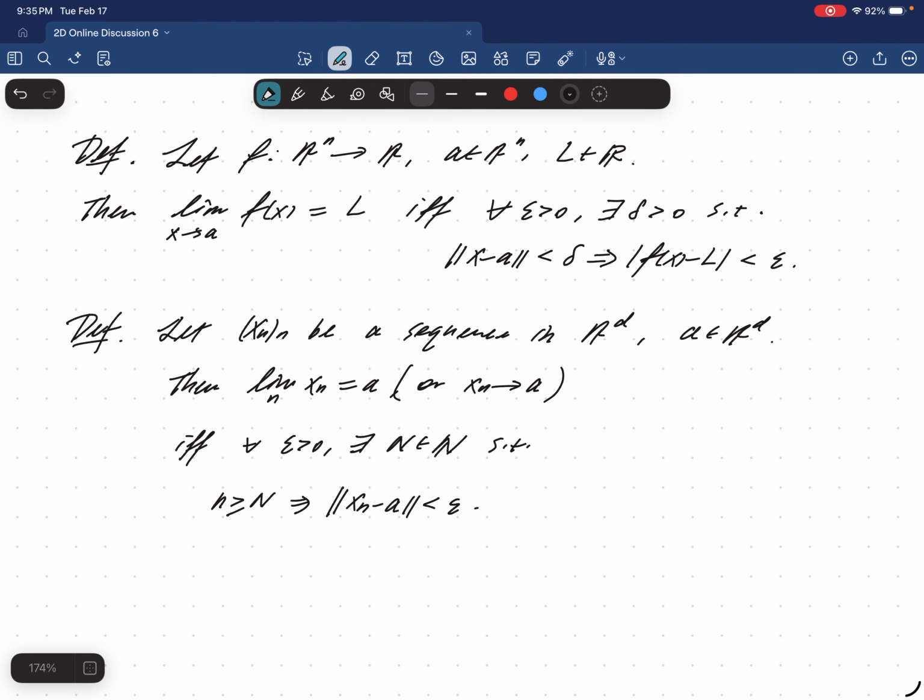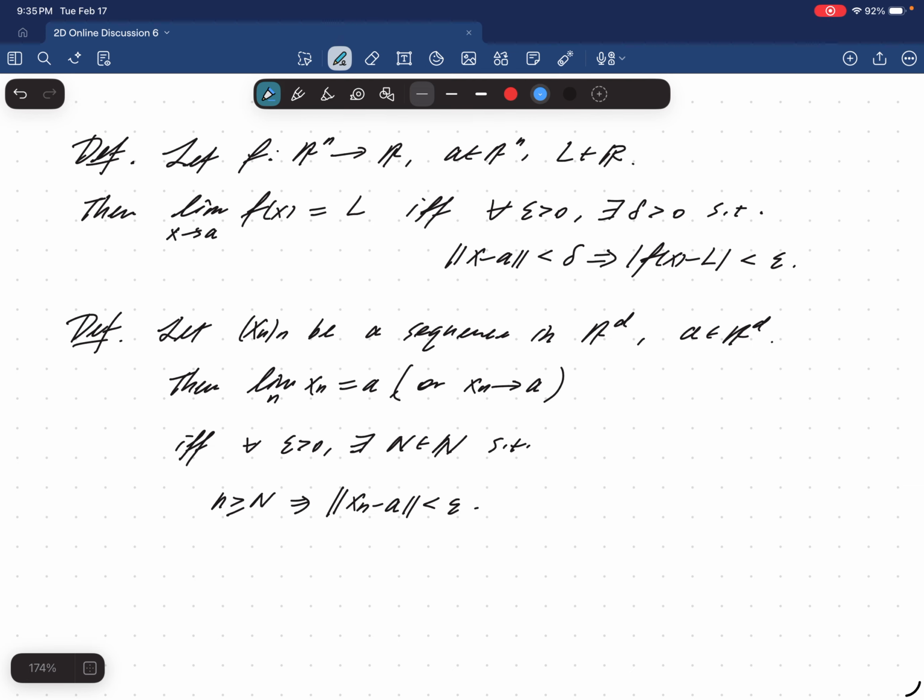Before we start, I think it's best that we review the definitions. If f is a function from Rn to R, and if A is a vector in Rn and L is some number in R, we say that the limit of x approaching A of f of x is equal to L if and only if for all epsilon larger than 0, there exists a delta that's positive such that whenever the distance between x and A is smaller than delta, the distance between f(x) and L must be smaller than epsilon.